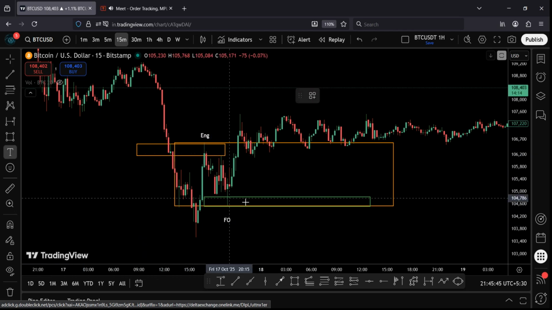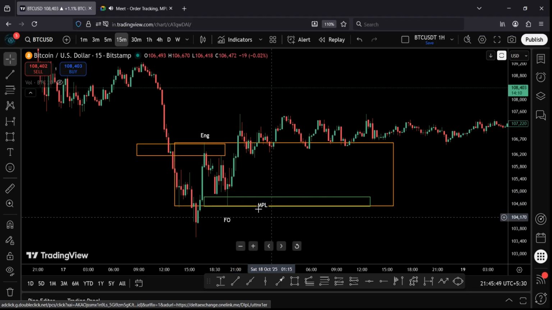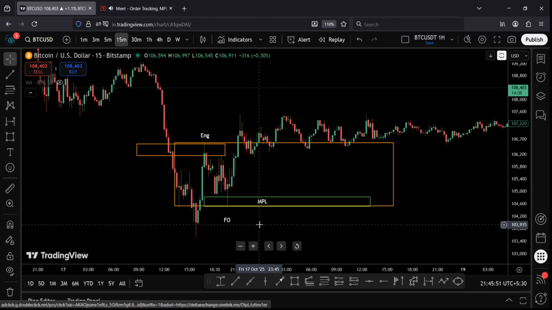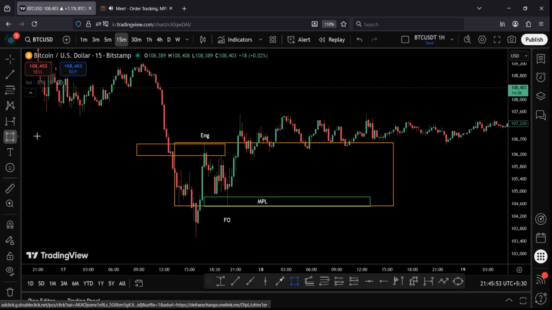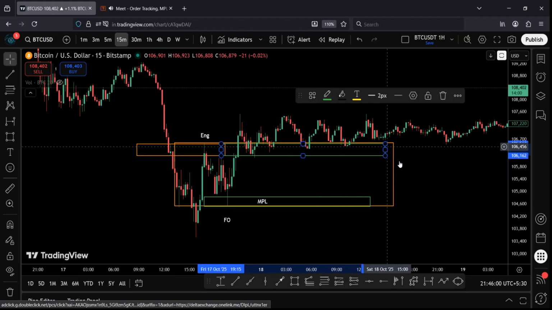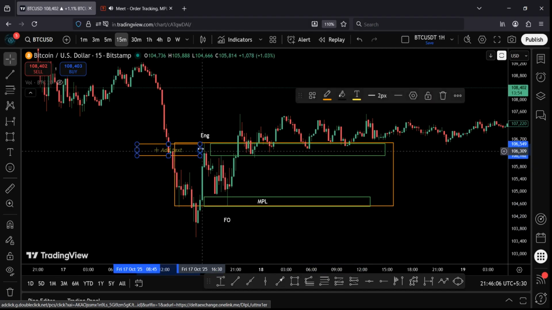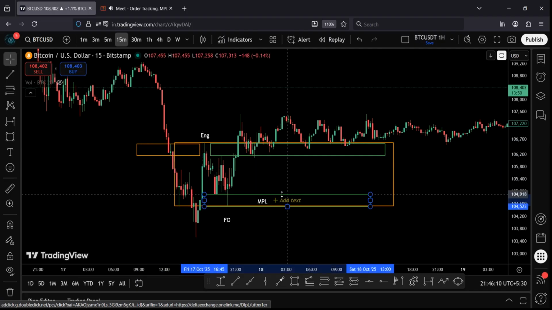So this is our MPL, and this is our RS. Do you see this? This was our MPL. Price came here, MPL here.